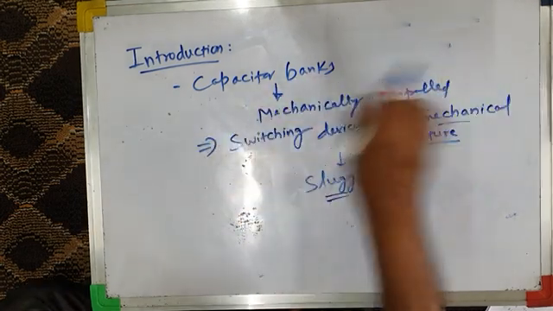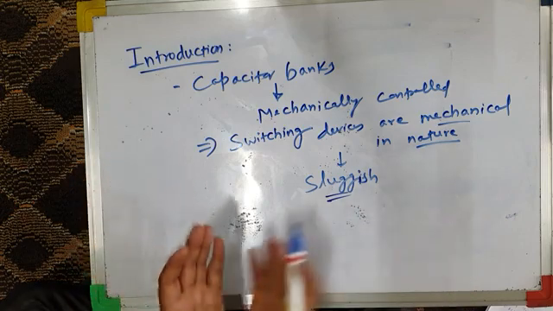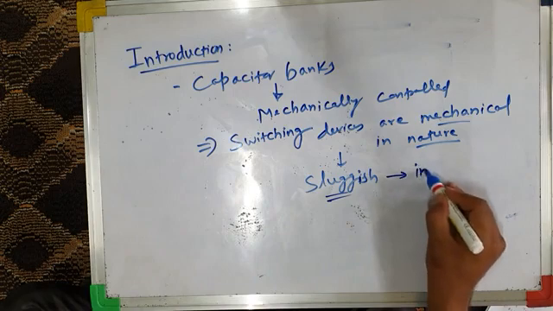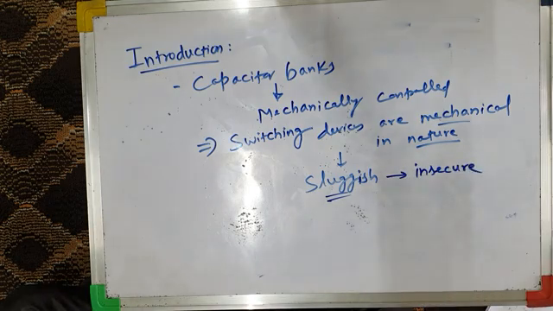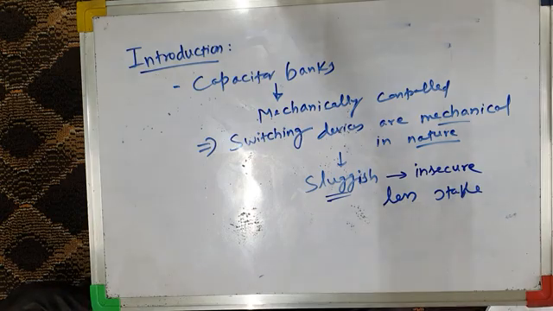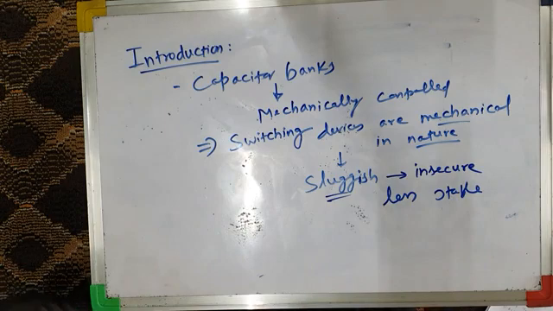So they are not able to do the corrective action in time, which makes the system insecure, and proper compensation will not take place. When I say insecure, it will be a less stable system. So this is another problem with modern interconnected power systems: the compensation circuits like capacitor banks are mechanically controlled, and these mechanical switches are sluggish in nature, and hence the systems become less stable.